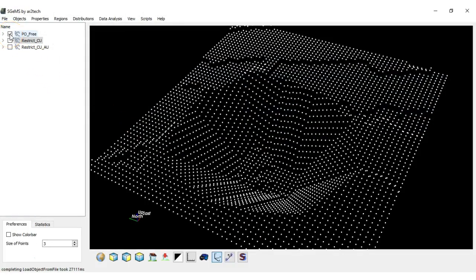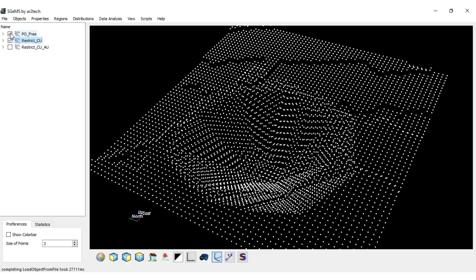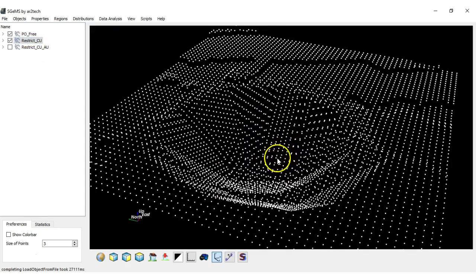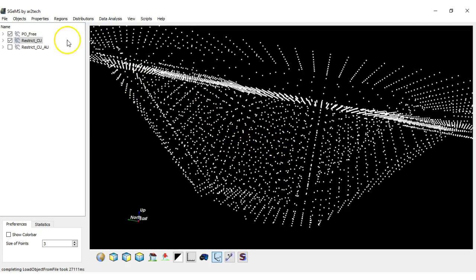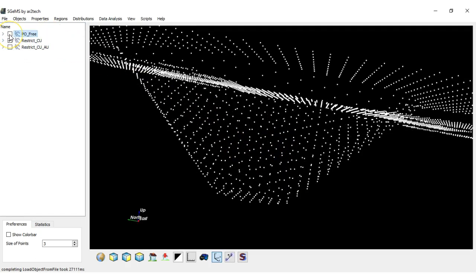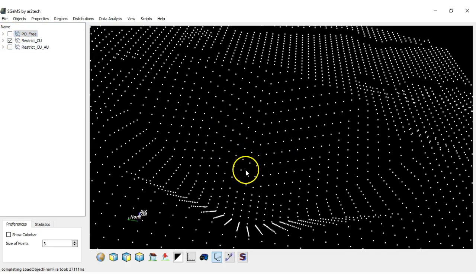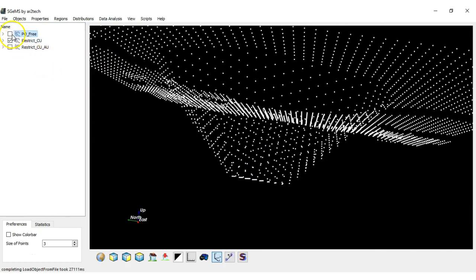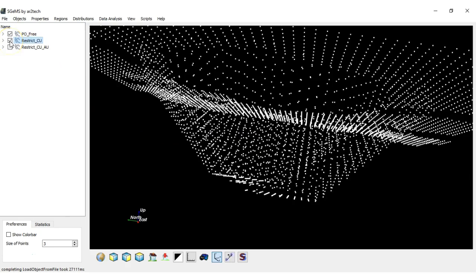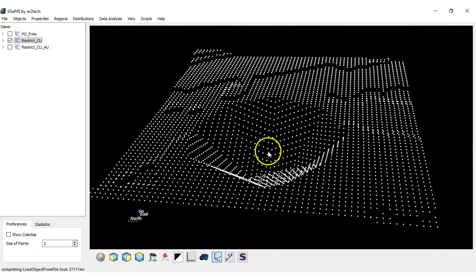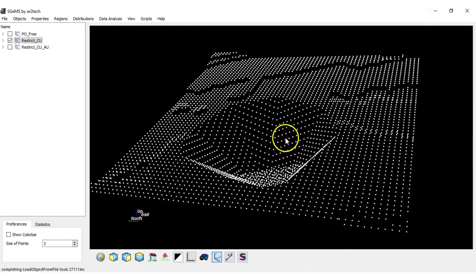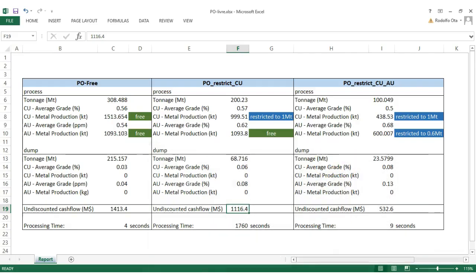But the interesting thing is that you can see the difference in the results after applying this restriction. The restriction delivered a solution with a smaller pit. The bigger one is the free case, and the smaller one is the constrained case for copper. So this is what happens after putting that restriction.